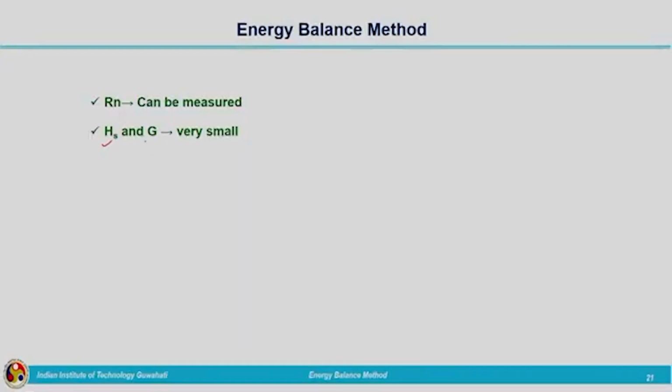Now, coming to Rn, that is the net radiation into the system, which can be measured. Talking about Hs and G, that is the heat transported back to the atmosphere and to the ground; these amounts are very small compared to the net radiation. Since these values are very small, we can neglect them.